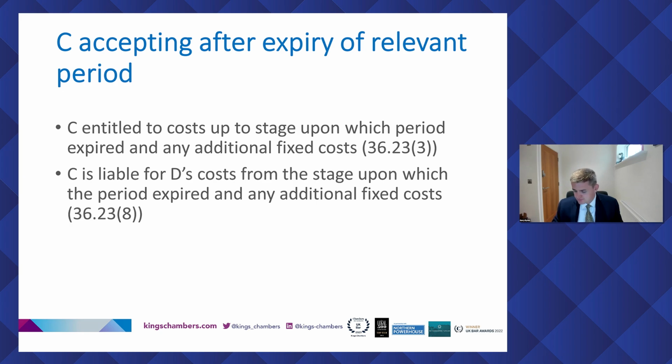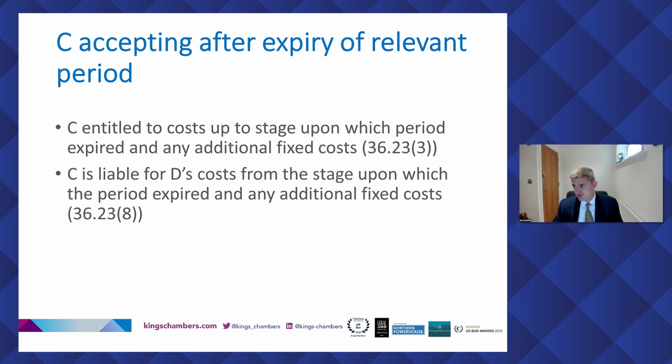And one thing that I do say about this particular provision at 36.23 is it ought to be contrasted with the rule under 36.17 when you're not on fixed costs, which says that basically the judge will do this unless it considers it unjust to do so.